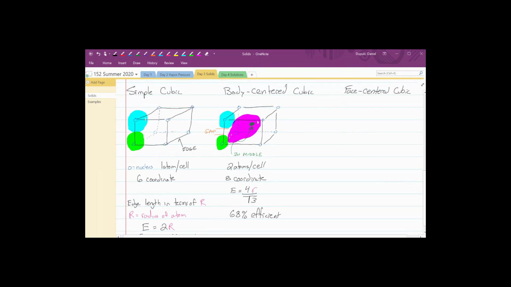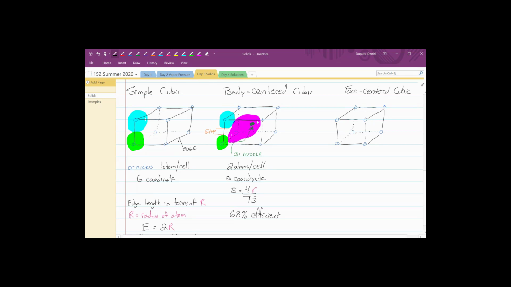All right. The last one is face-centered. So same basic cube setup. All right, so we got the cube.